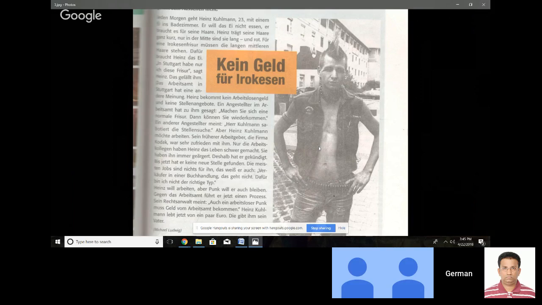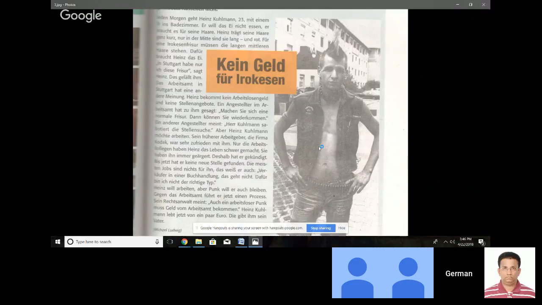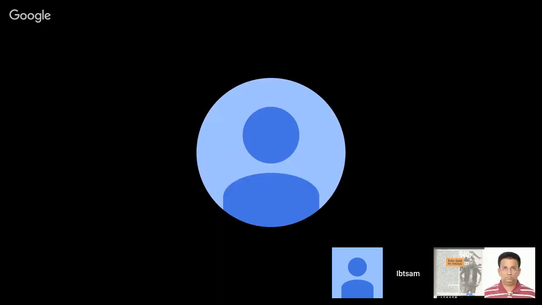Every morning, Heinz Kuhlmann, 23 years, with einem Ei, with one egg, goes to the bathroom, washroom. Er will das Ei nicht essen, er braucht es für seine Haare. That egg is not for eating but for his hair. Heinz trägt seine Haare ganz kurz.